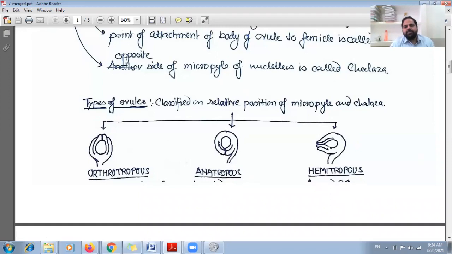So in case of hemitropous, we can see that this one is the chalazal end, this one is the micropylar end, and at the right angle to these structures, the funicle is there. So these are three types of ovules we can see in different plants.